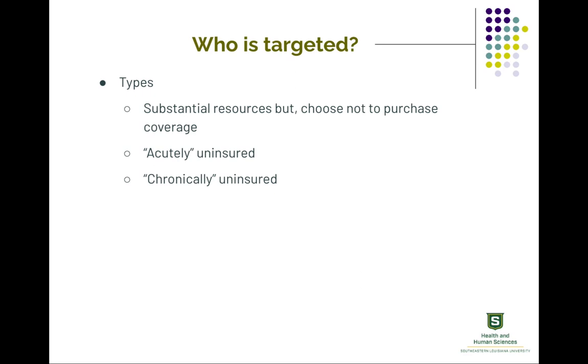Probably their life situation is a bit unstable and therefore leads them to being uninsured for the majority of the time. And then you have the underinsured. They have some form of insurance, but the insurance barely covers much of what they need. So those are some of the groups that the policies are targeting.